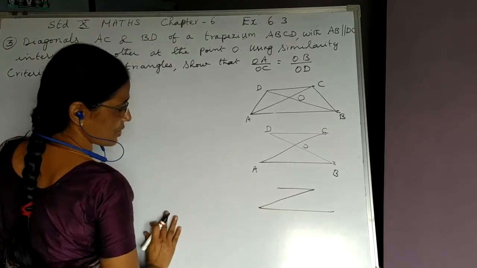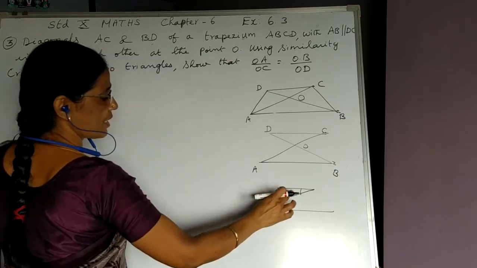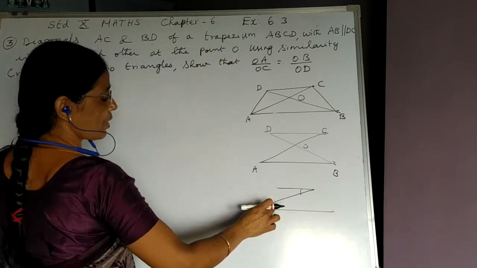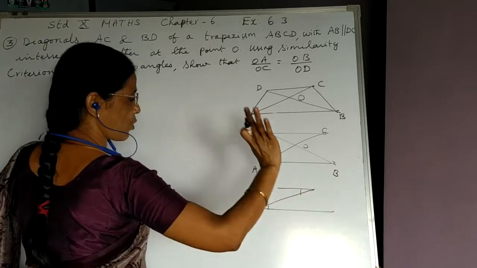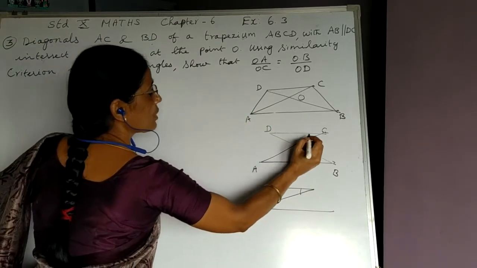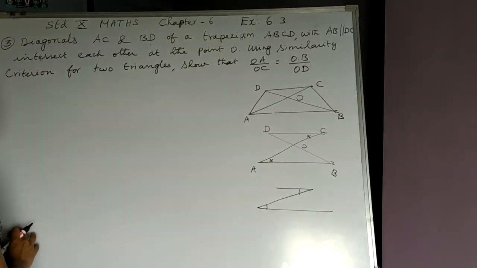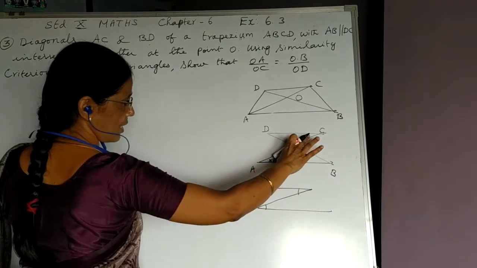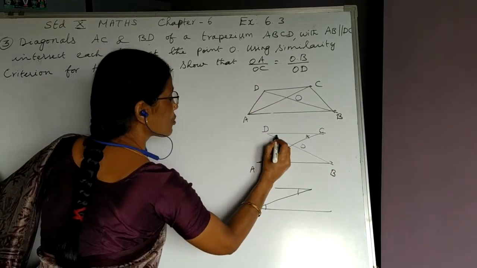AC is a transversal. These 2 are what kind of angles? Alternate angles. Alternate angles are equal when a transversal intersects a pair of parallel lines. So taking these 2 angles equal, we get one pair of angles equal in 2 triangles. The second pair can be these 2.